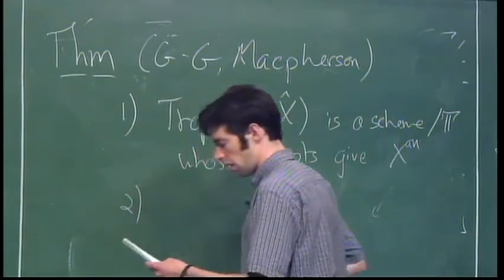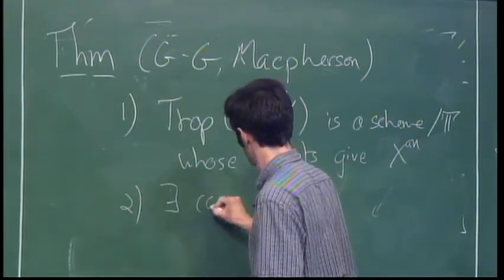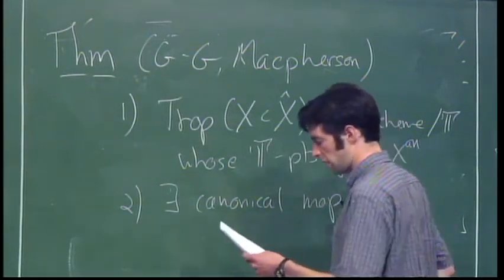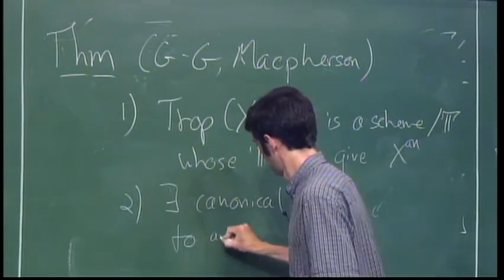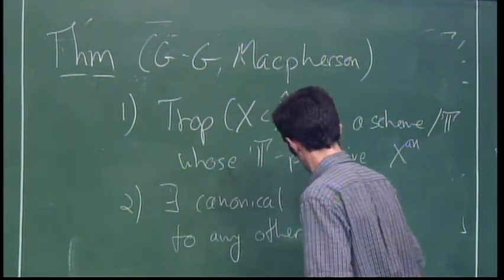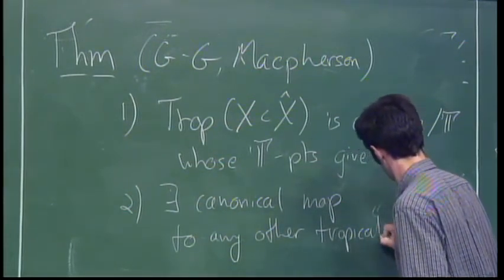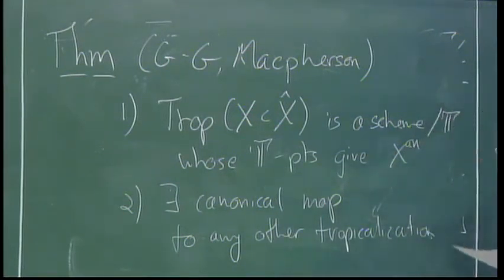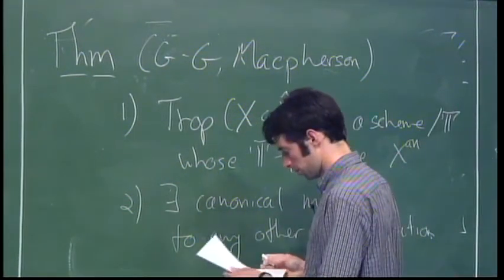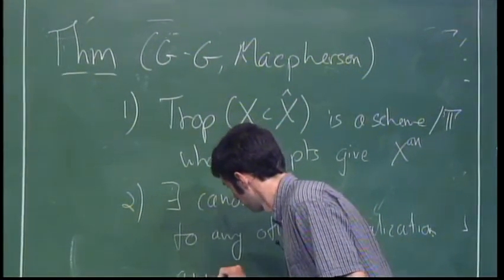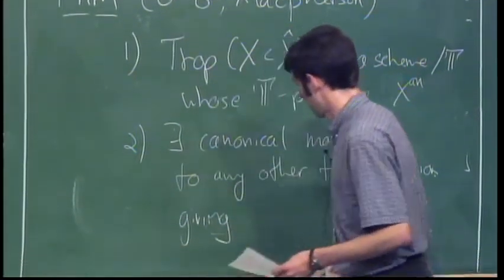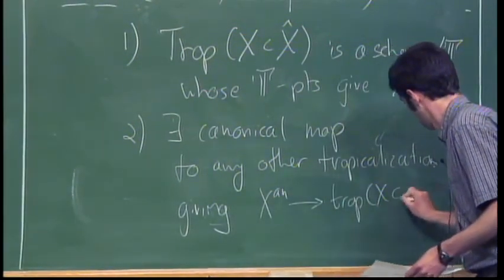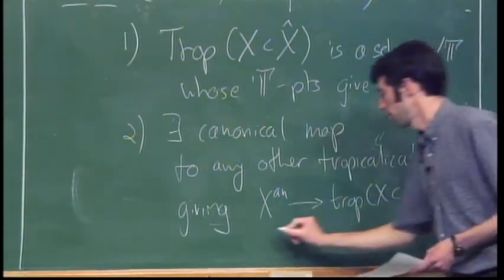The second part is there exists a canonical map to any other tropicalization. And this gives the map from the analytification to the set theoretic tropicalization of X in Z on the level of T points.